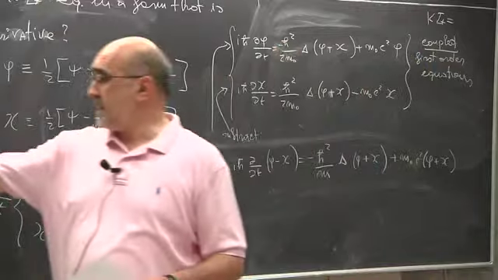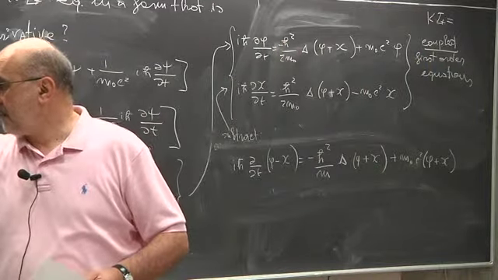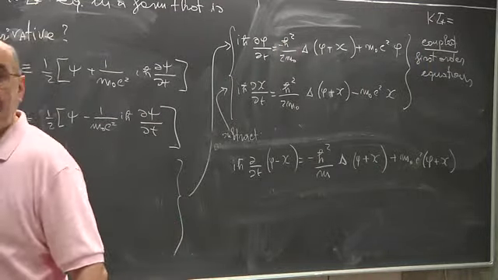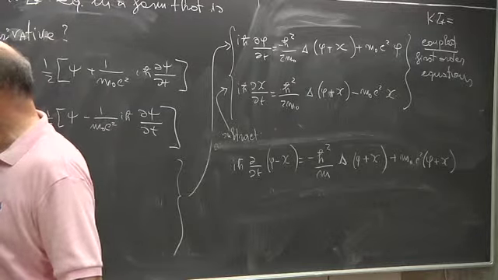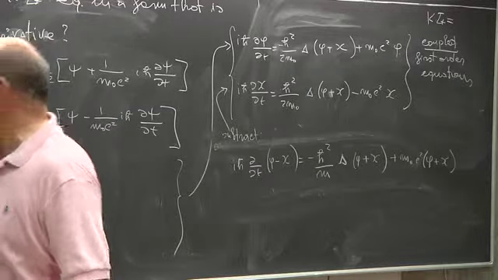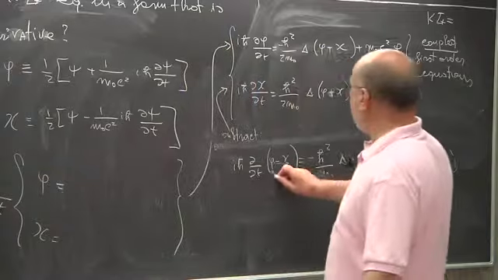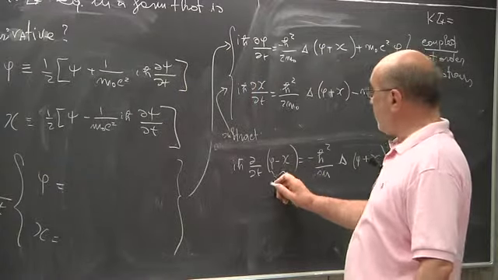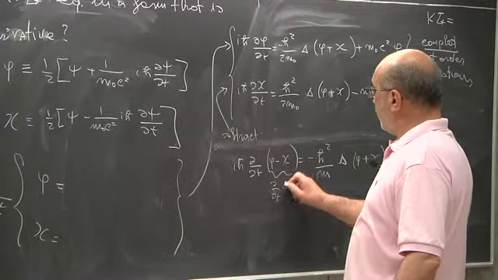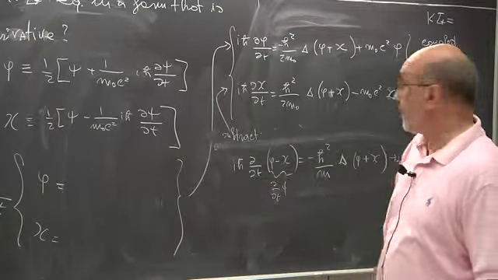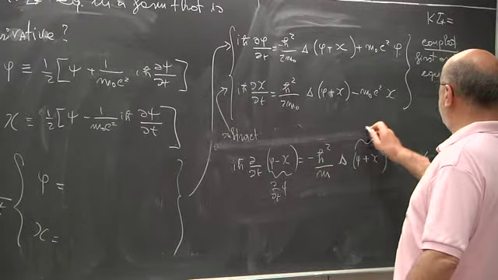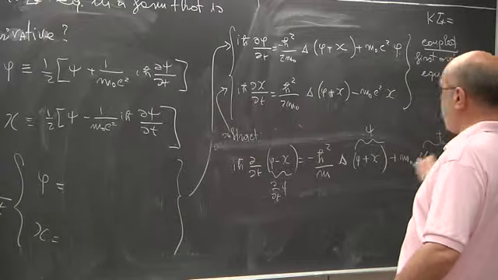Now let's use this. Every time I have phi plus chi, I replace it with psi. And every time I have phi minus chi, I replace it with the derivative. So here, I replace with the first derivative of psi, more or less, modulo some coefficient. Here I replace with psi, here I replace with psi.